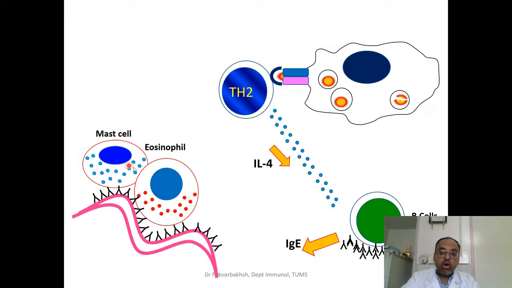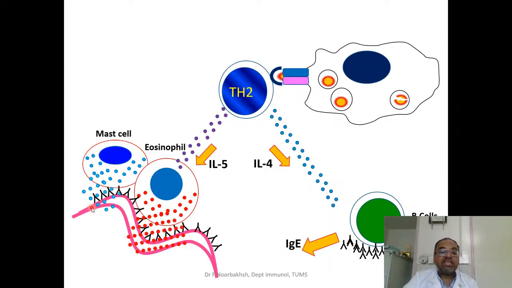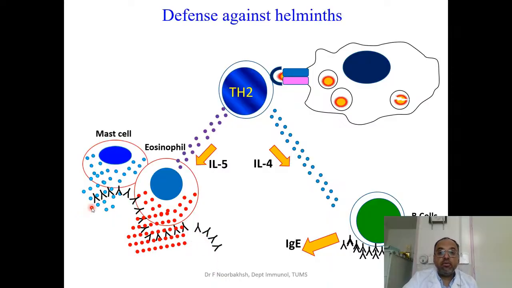So it's not like a couple of eosinophils and mast cells binding to the worm. Like thousands of eosinophils will cover the worm. Thousands of mast cells would cover the worm. There are thousands of them. And then the eosinophils will start releasing their toxic granules, and mast cells would do the same, and it kills the helminth.